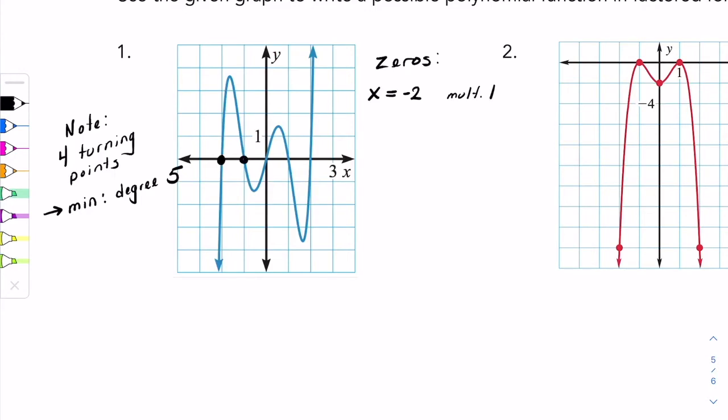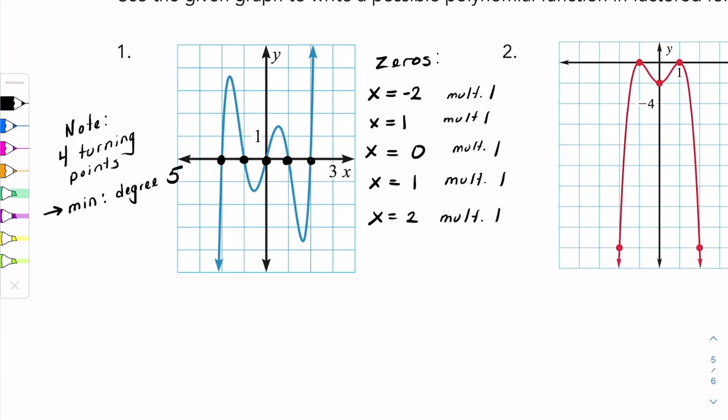We have a 0 right here at x equals -1, also multiplicity of 1. A 0 at 0, multiplicity 1. A 0 at 1, multiplicity 1. And a 0 at 2, multiplicity 1.